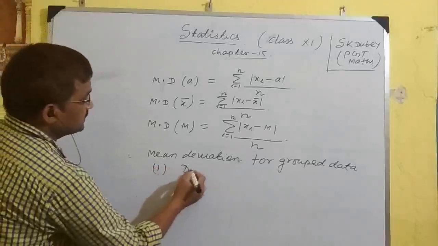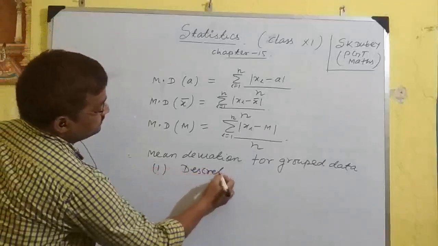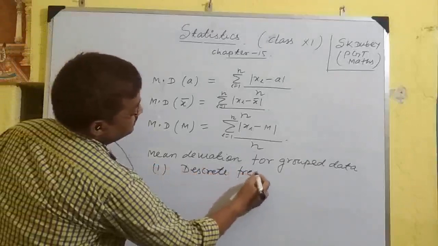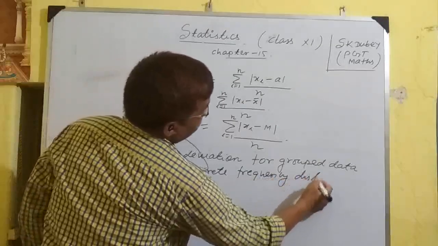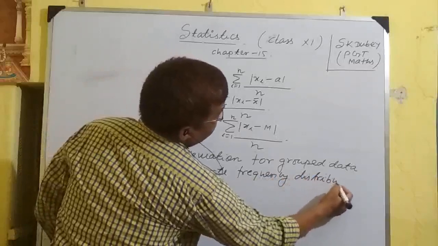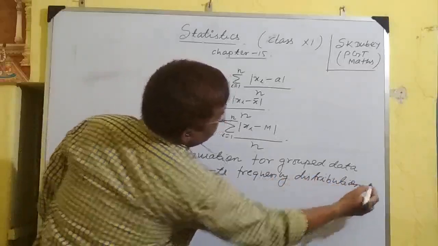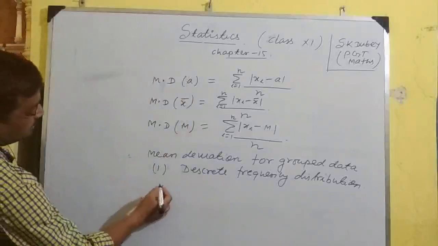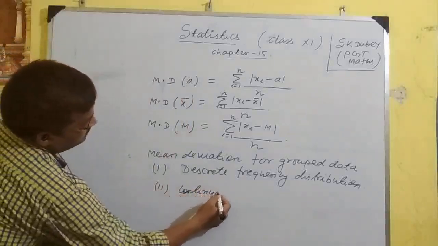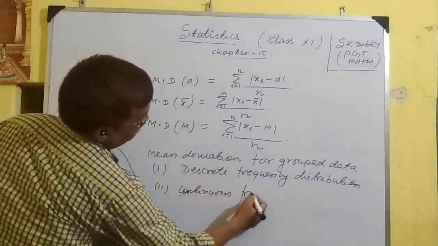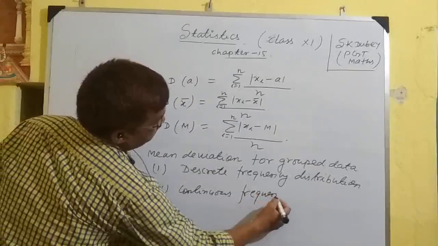One is discrete frequency distribution, and the other is continuous frequency distribution.